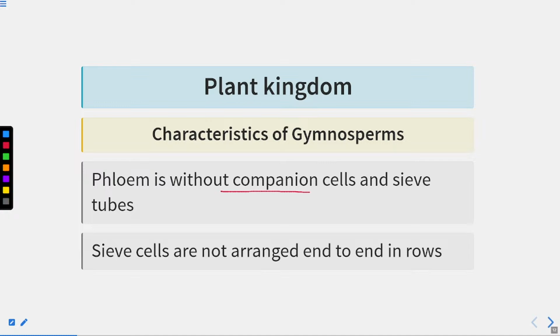Phloem is without companion cell and sieve tube. So we all know what the components of phloem are. There are four components of phloem.